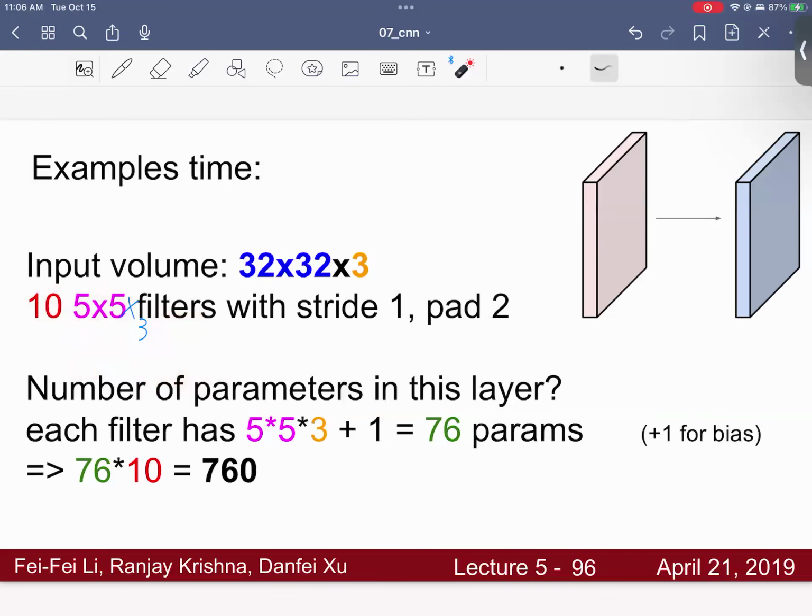And then there are 10 biases because there are 10 filters, so in total it's 760. Does that answer your question? All right, cool.